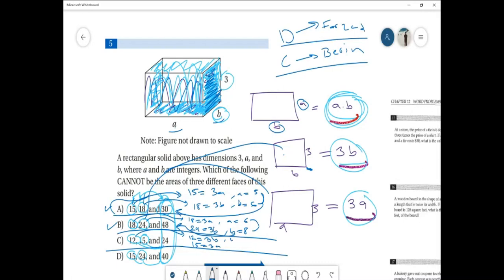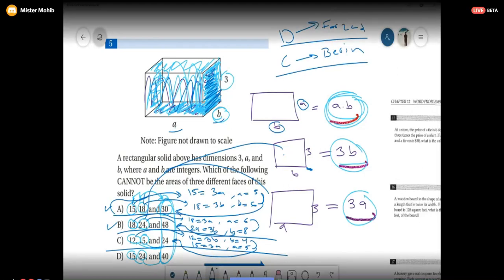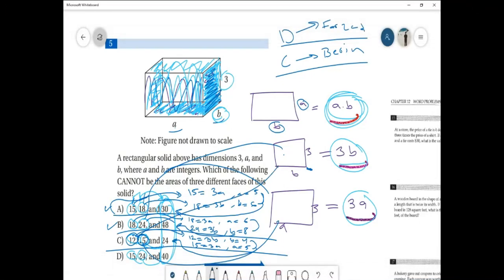And if 24 is the area of this shape, you can assume 24 as 3B, and B will be 8. When you multiply this, it should give you the biggest one. True? Yes, 6 times 8 is 48. So that answer is also true, and it can be my set of these areas.